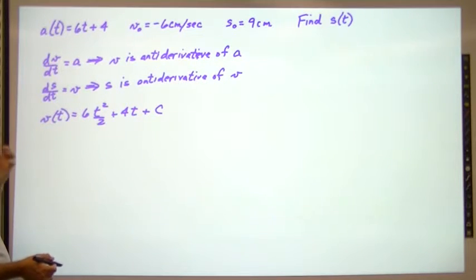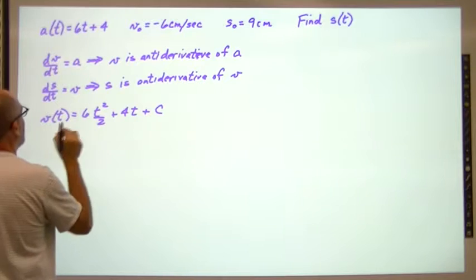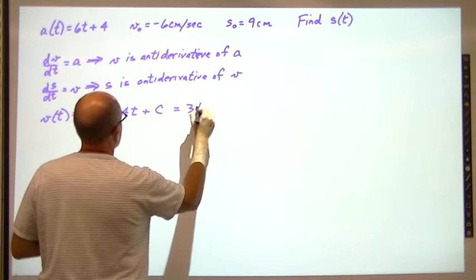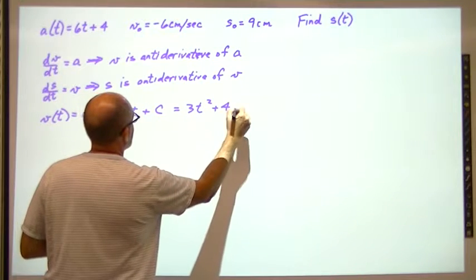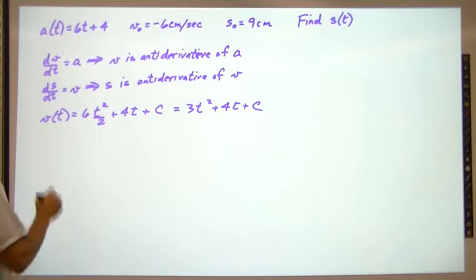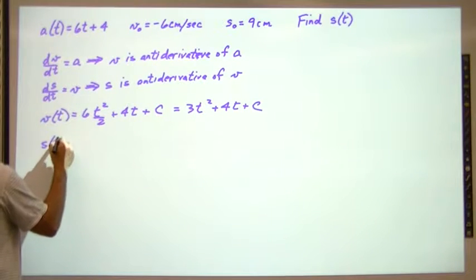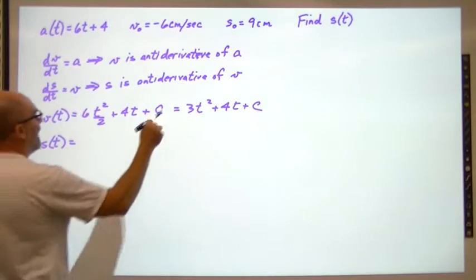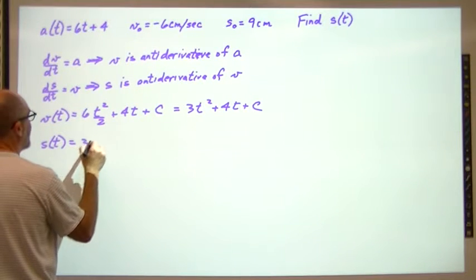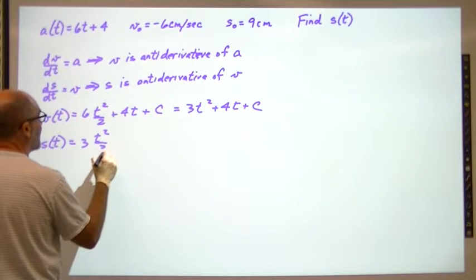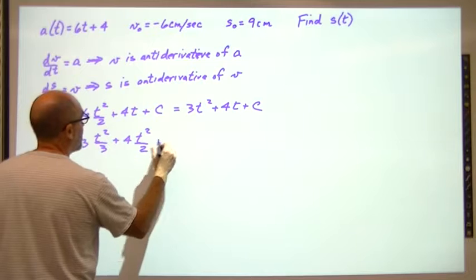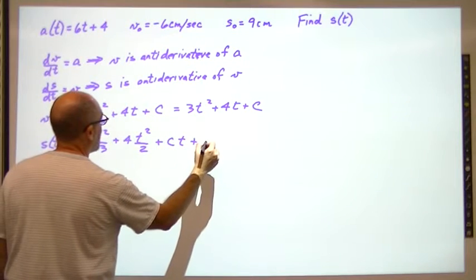Now, that means, let's just go on with this. This is going to be 3t squared plus 4t plus c. Now, the displacement is the antiderivative of velocity, so we've got 3 times t squared over 3 plus 4 times t squared over 2 plus ct plus d.